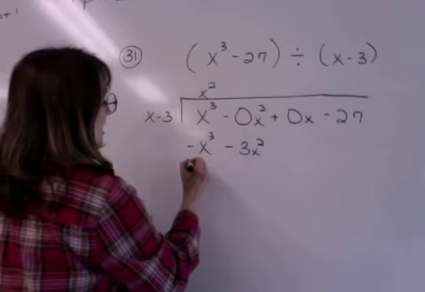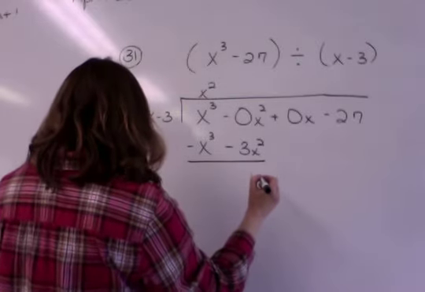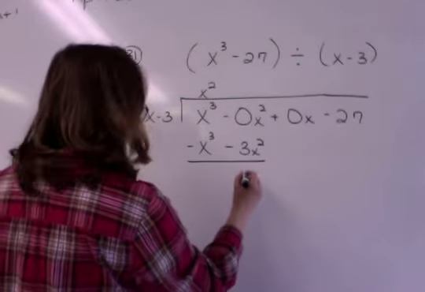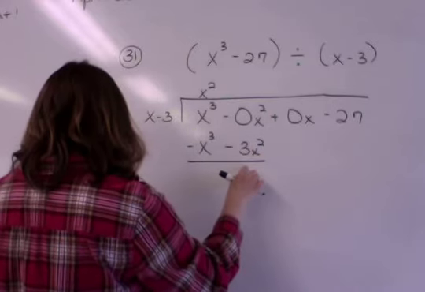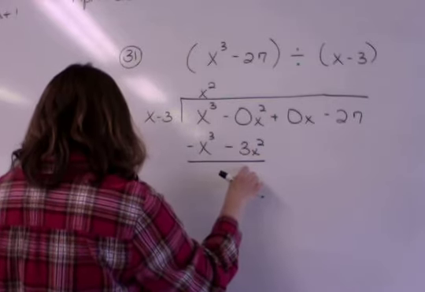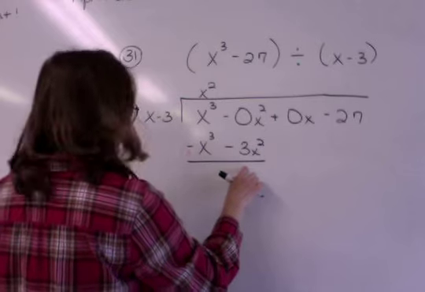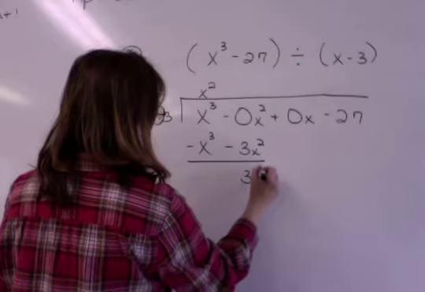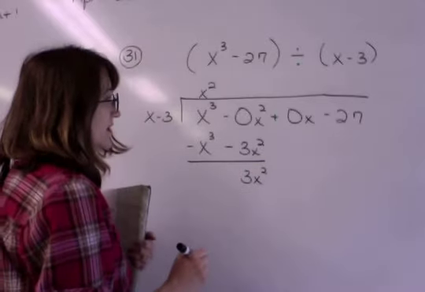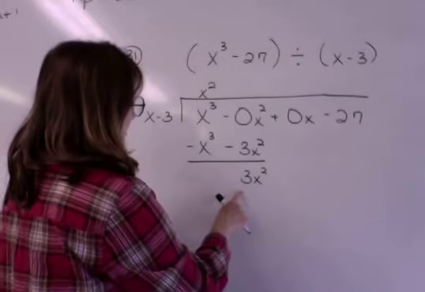I go ahead and do my subtraction right there, and this is going to end up making that negative 3x squared basically the opposite. It will be a positive 3x squared. Then I look right here.